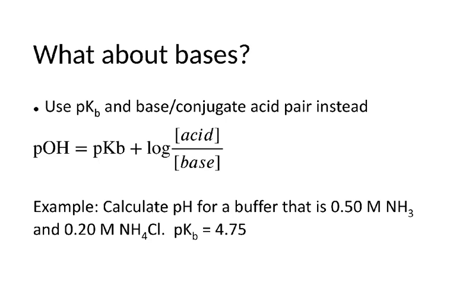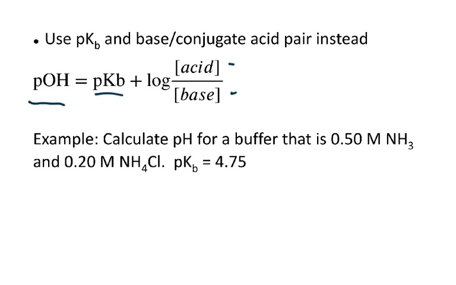What about bases? You can also do this with bases. There is a correlating Henderson-Hasselbalch equation where the pOH is the pKb plus the log of the acid over the base. It works the same way, so calculate the pH for a buffer that's 0.050 molar ammonia and 0.20 molar ammonium chloride.